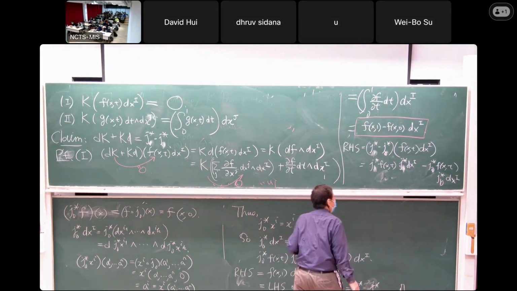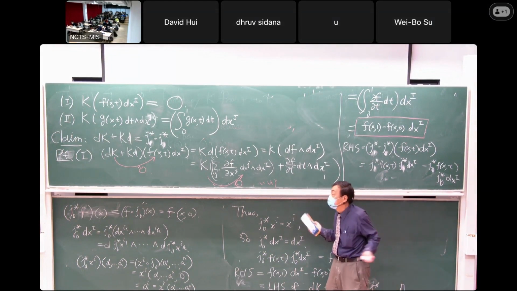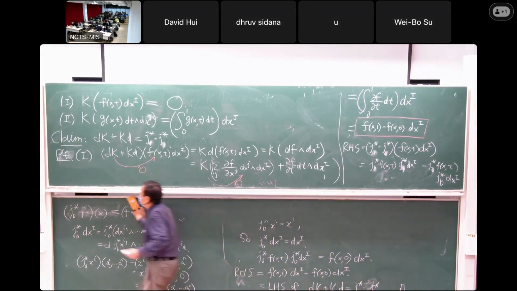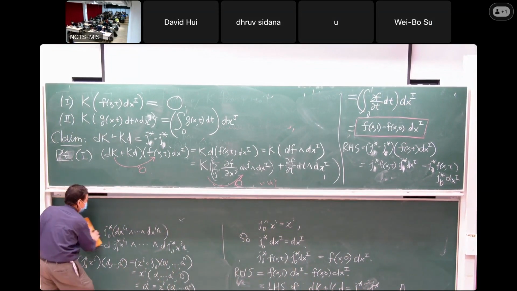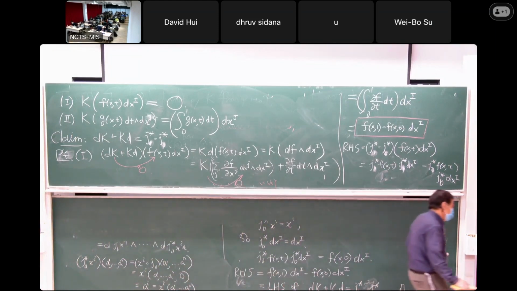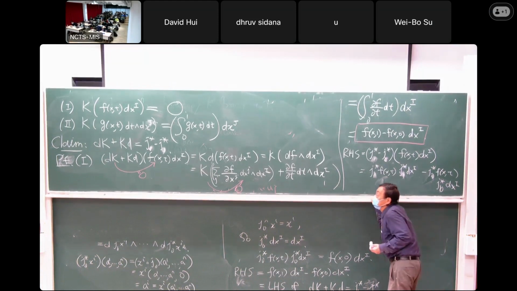Good point. But for type 2 forms, the calculation is very similar. So I will just say that it's similar, and I won't do it on the blackboard.